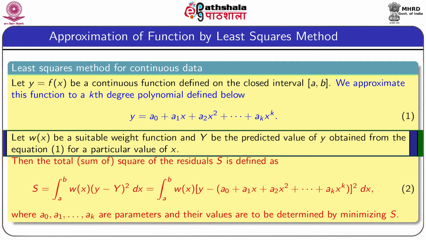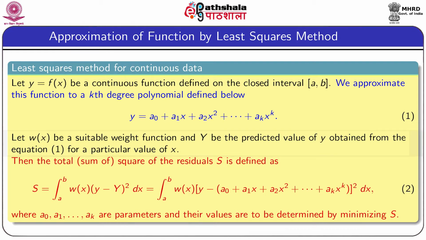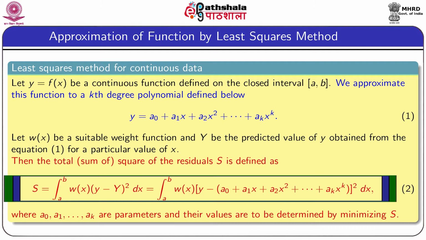Let w(x) be a suitable weight function and capital Y be the predicted value of y obtained from the polynomial curve, that is, the predicted value at any point x. Then the sum of square of residual is defined as S equal to integration over a to b w(x) into (y minus capital Y) whole square into dx.